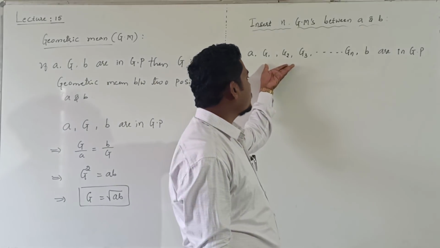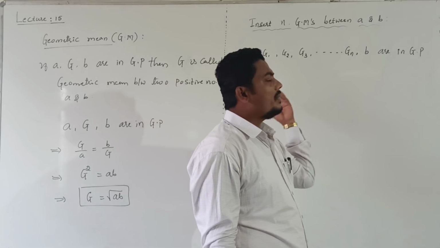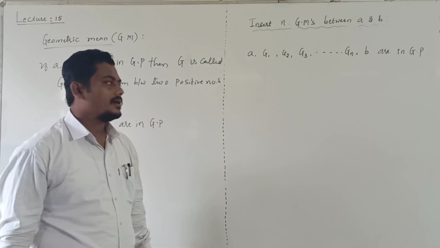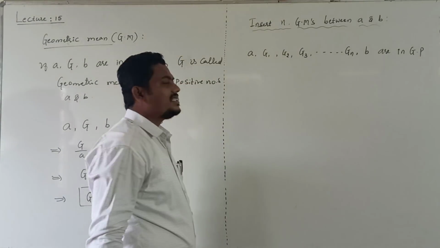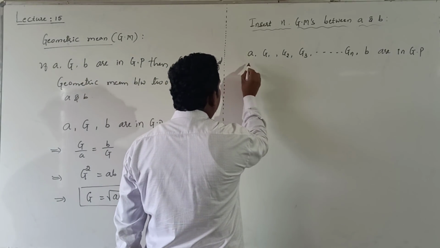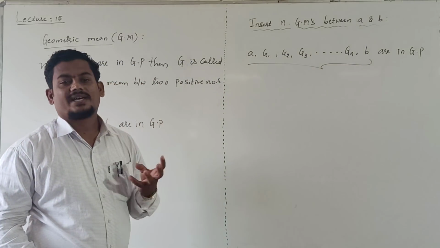We need to insert capital G1, capital G2, capital G3 and so on, capital Gn between small a and small b, and the resulting sequence is GP. Now tell me the total number of terms in this sequence. There are n plus 2 terms. Why?